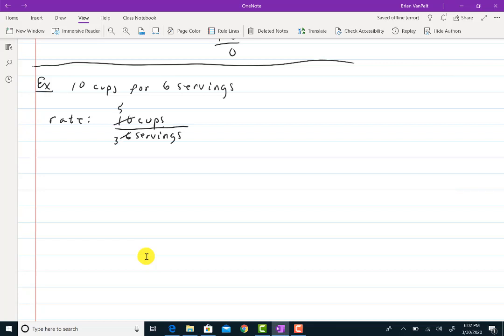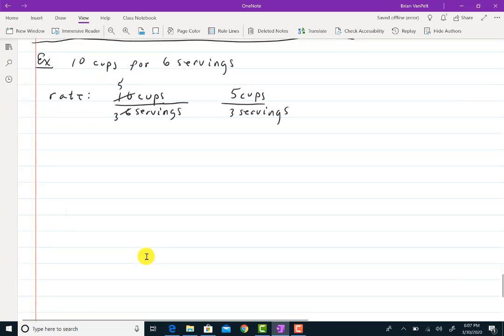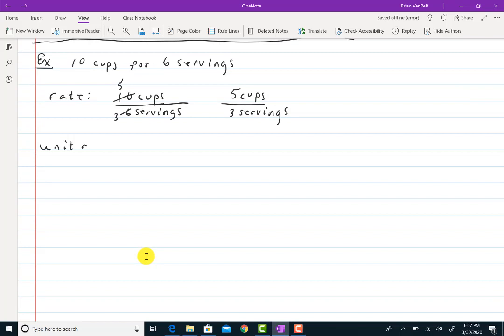I'll get 5 over 3. So I get 5 cups for 3 servings. This is just a plain old rate. If I want to do the unit rate, this is where I will have to do long division. 3 goes into 5 one time with the remainder of 2.